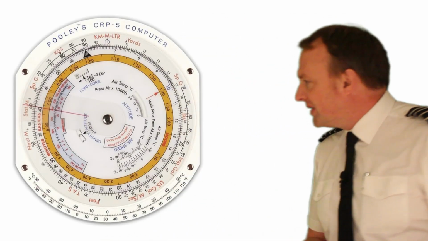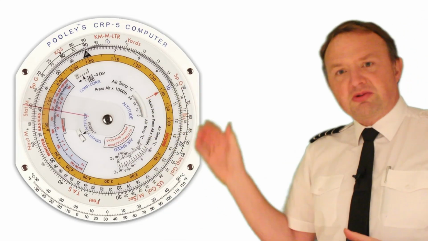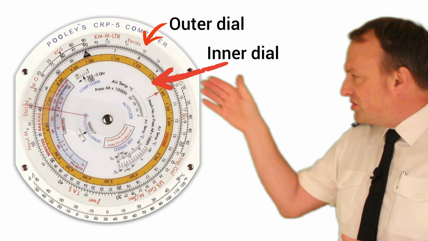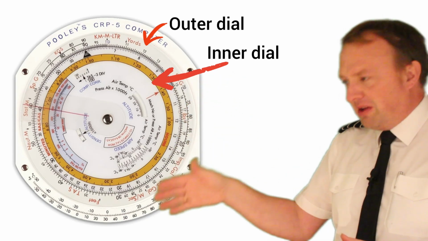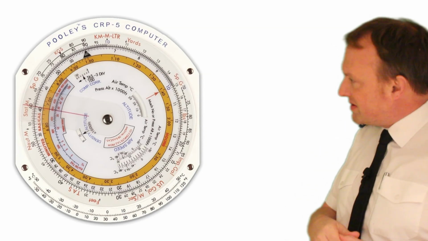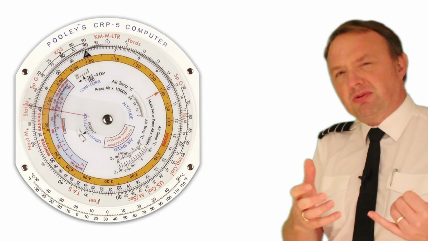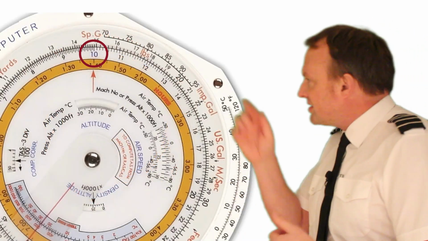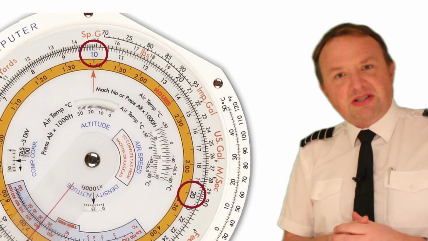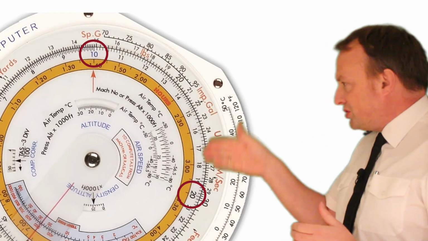Now, the essential design principle of this thing is these two circles of numbers, an inner dial and an outer dial. And each number is separated from every other number by a fixed number of degrees. That number of degrees pertains to a particular multiple. Let me show you what I mean. So there's the number 10, and if we go around the circle we find the number 20. 10 times 2 is 20.